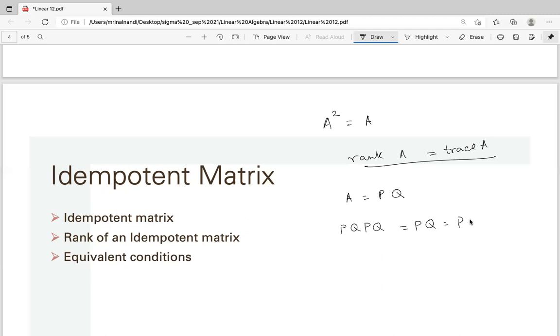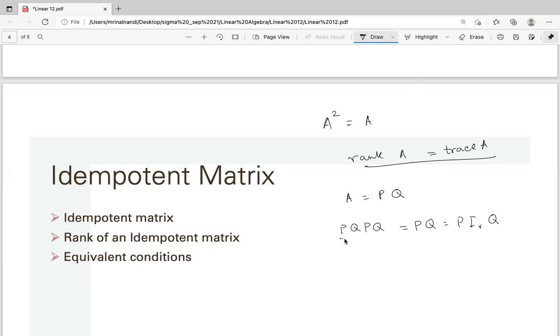Now remember that P is n cross r, so this Q is r cross n. Now you can cancel this from the left side, by the rank cancellation law, because we know the rank of P is the same as the rank of PQ.